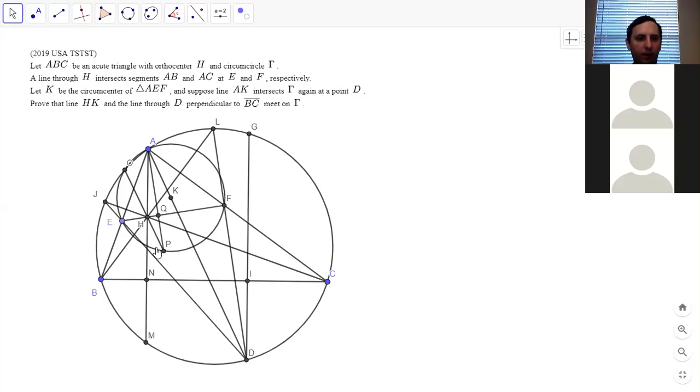Maybe we could show angle AEP equals angle, well, we want to show EAP is EOP, but EOP is EOH, which is EJH, which is DJC, which we can eventually show is the same as this angle. So I think that's how we show that.